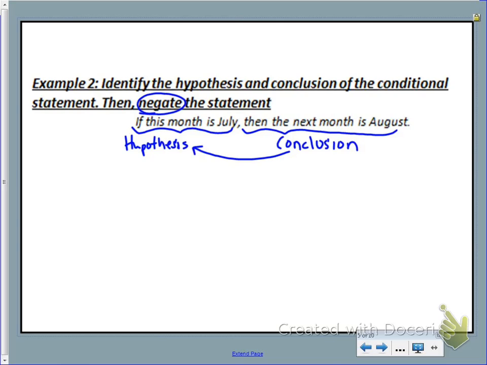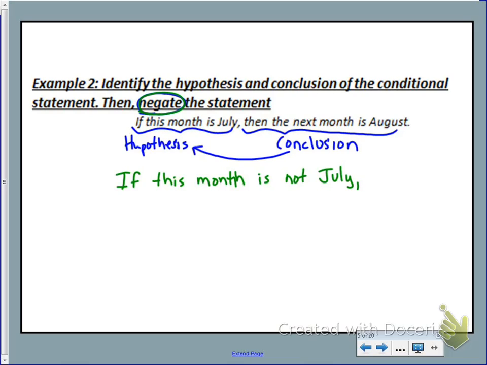Okay, so we've identified the hypothesis and the conclusion. Now we're going to talk about this negate. Negate means to make it essentially the opposite. So if this month is July, the opposite of that would be if this month is not July.